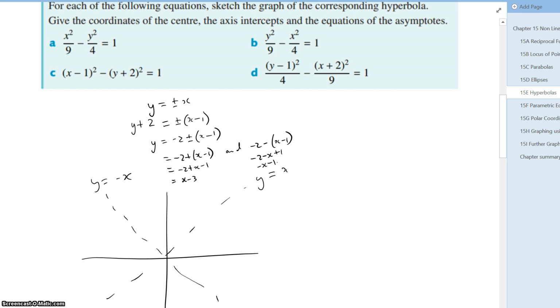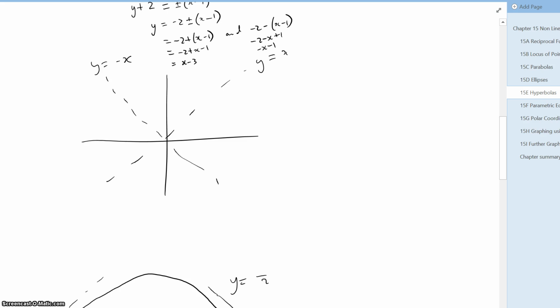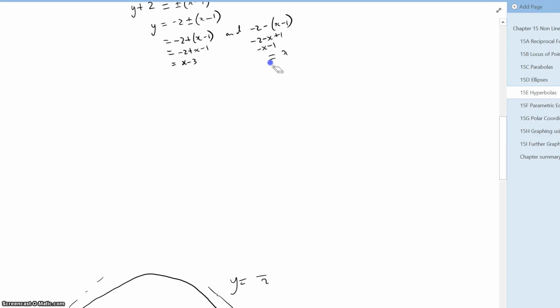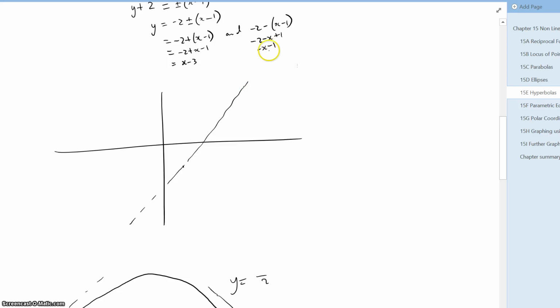So these asymptotes no longer go through the origin. They cross over at 1, -2. I get x minus 3, which is this point here, and -x minus 1, which is something like that there.